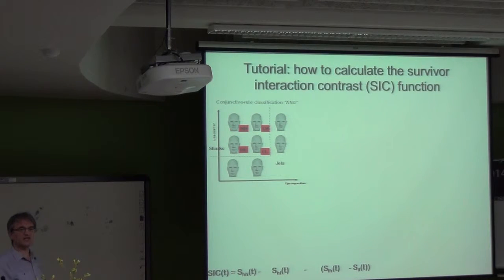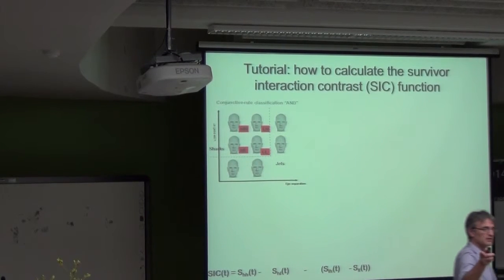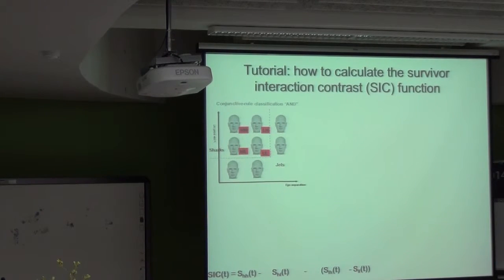And let's say that as the experimenter, you impose this criterion by saying, look, these are the gang members and these are the other gang members, and then you are presented with one face at a time. You have to decide whether you're seeing sharks or jets. So press left button if sharks, press right button if jets.